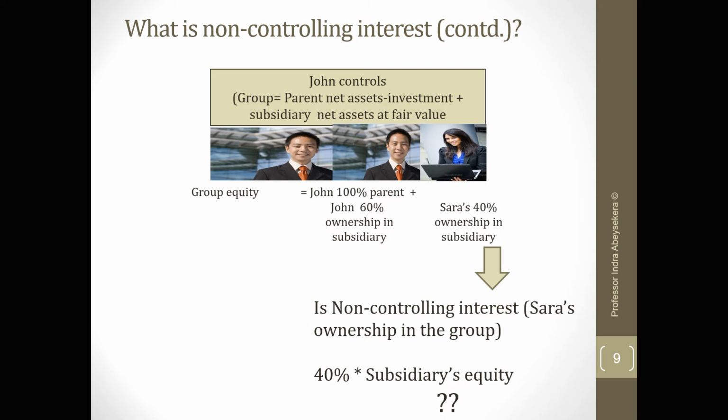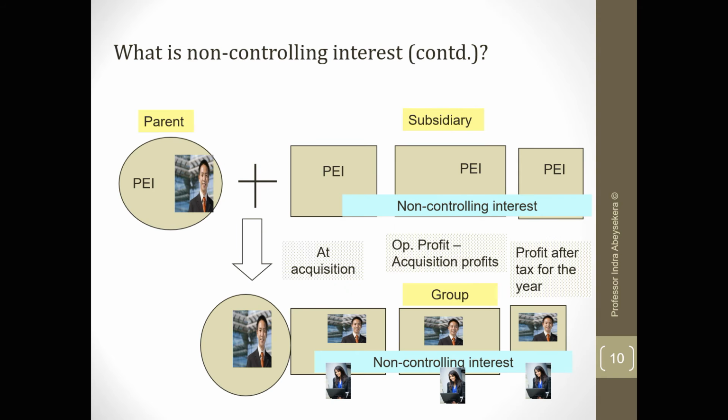What if there are intergroup transactions? Then the question arises, how are we going to apportion the intergroup transactions? To analyze this situation, because it gets complicated with intergroup transactions, in the analysis of non-controlling interest we break it into three parts.